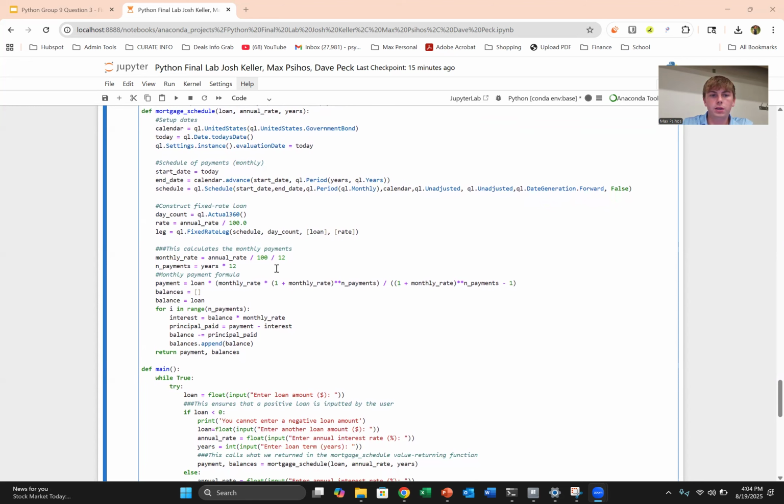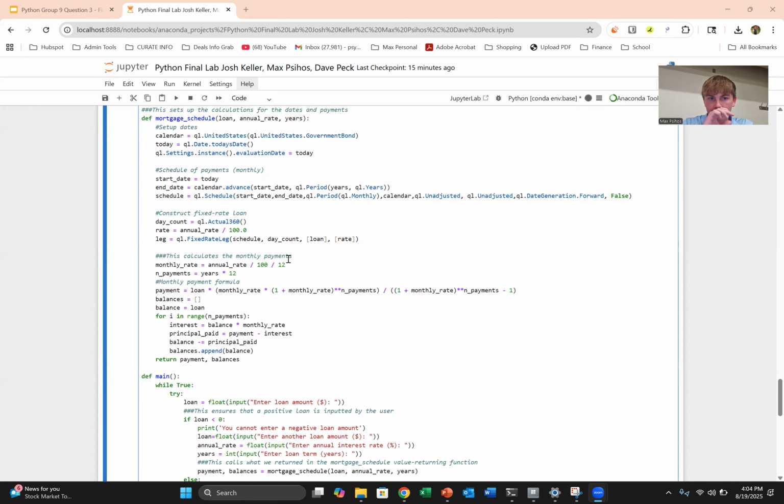And then jumping to the fixed rate leg function, which just creates a list of scheduled cash flows based on the loan terms that went into that schedule function. This was also shown down below by the graph to get an idea of what Quantlib was producing, and also give an idea of what those fixed payments would be.